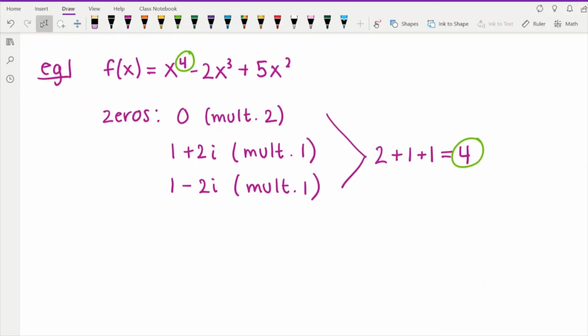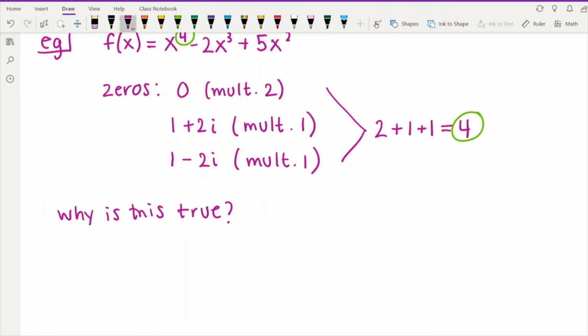Why did that work? Why is that the case? Well, what happens if we factor this? How can we see that it's always going to be true that the degree is equal to the total number of zeros? If we factor our polynomial, as we know we always can do now that we know about complex zeros, every polynomial can be factored. If you remember how this one factored, it was x times x times x minus 1 plus 2i times x minus 1 minus 2i.